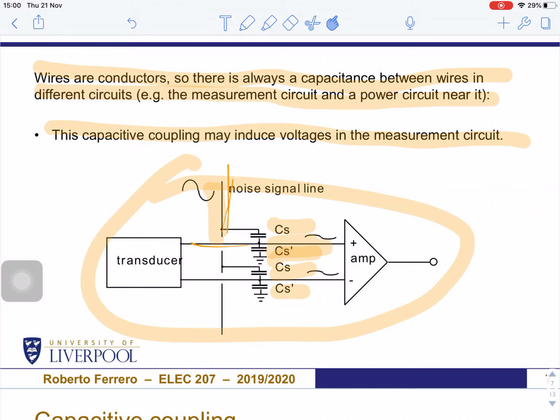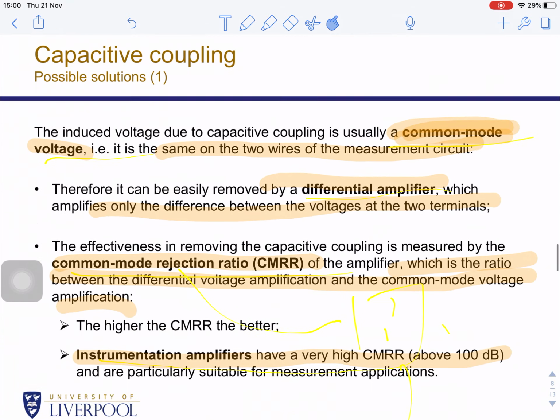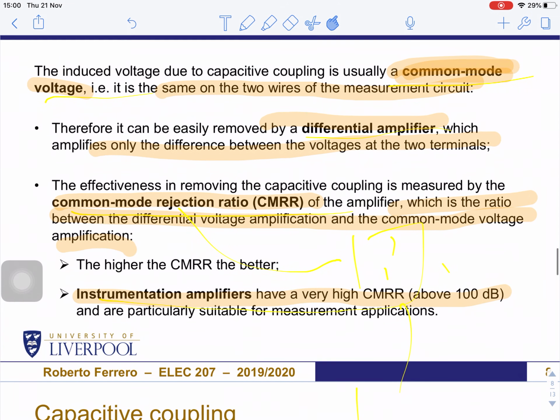Because every line can form a kind of capacitive effect between lines, there's a capacitance here and there's a capacitance here. Therefore the induced voltage due to the capacitive coupling is always common mode voltage, which is the same on the two lines of the measurement circuit.